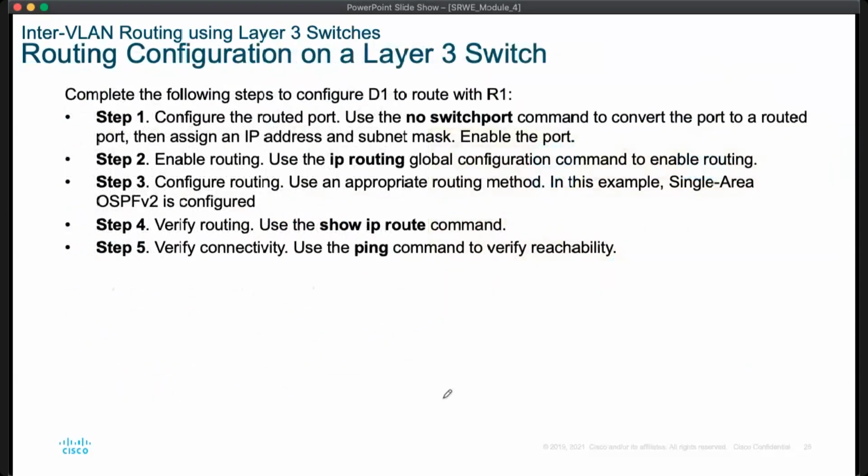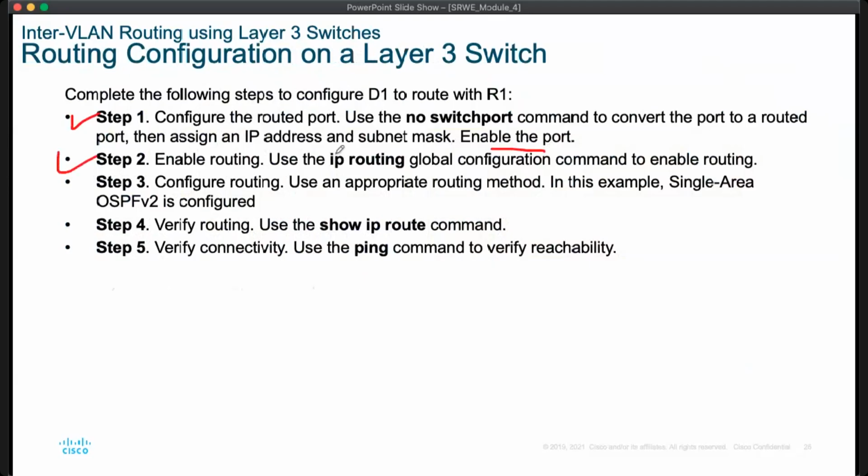Routing configuration on a layer 3 switch. Complete the following steps to configure D1 to route with R1. Step 1, configure the routed port. Use the no switchport command to convert the port to a routed port. Then assign an IP address and subnet mask. Enable that port. Step 2, enable routing.